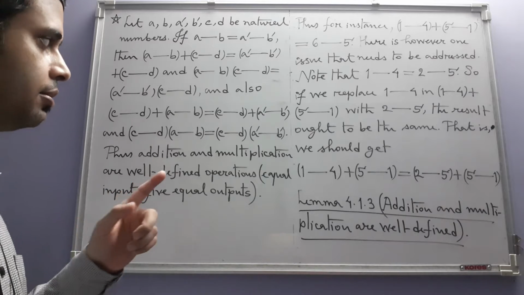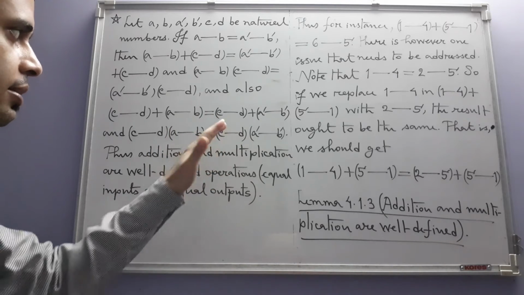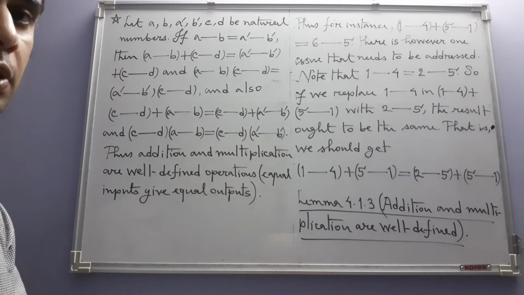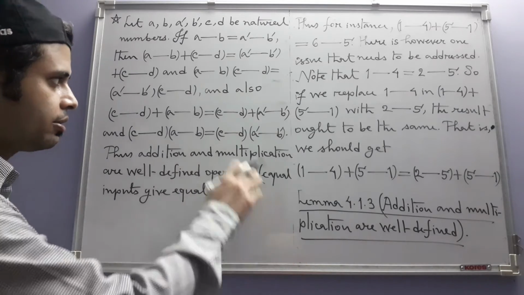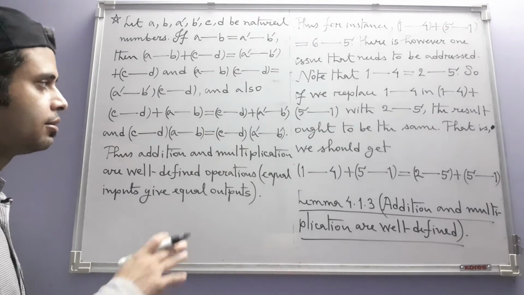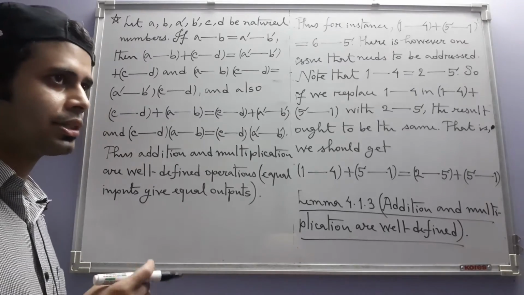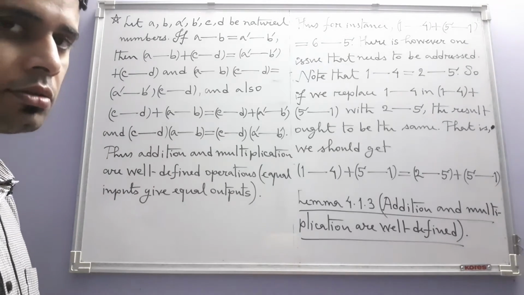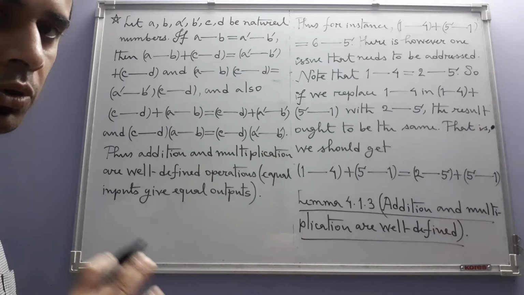But keep in mind, we haven't said anything about commutativity, whether this addition and multiplication we have defined are commutative or not, that we still don't know. They will turn out to be commutative, but we still have to prove that.